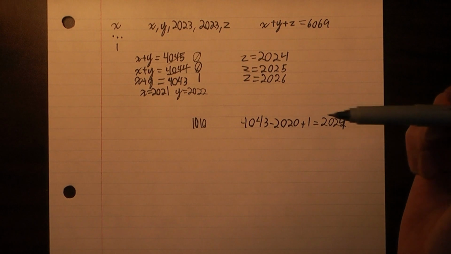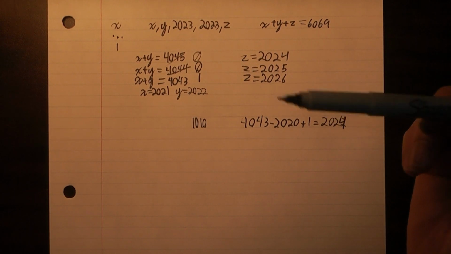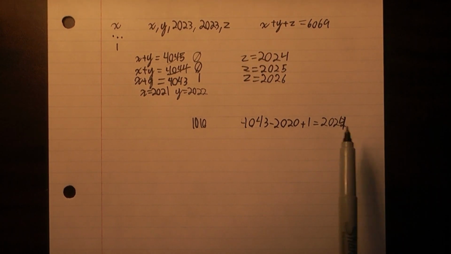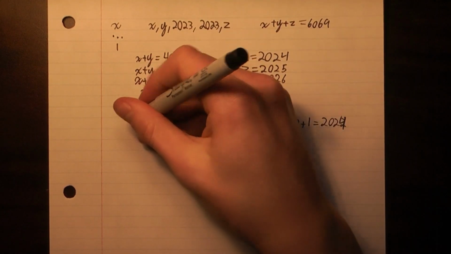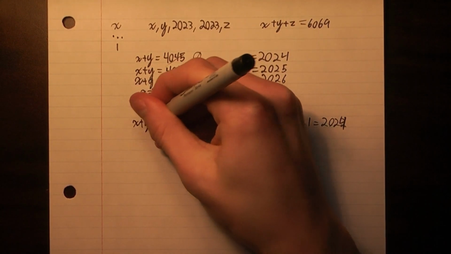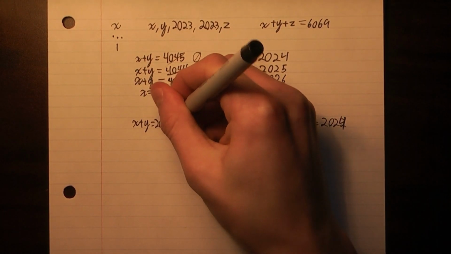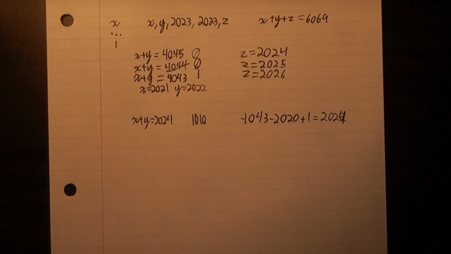So we can verify this by thinking, okay, 2024, x plus y equals 2024. So x can equal 1 and y can equal 2023. Then x can equal 2 and y can equal 2022.